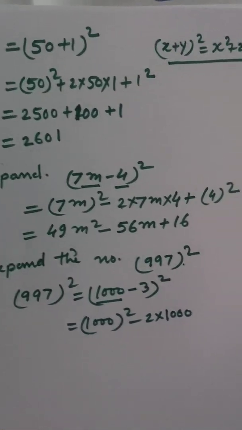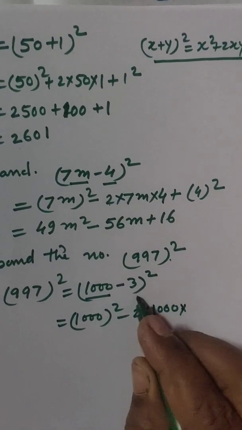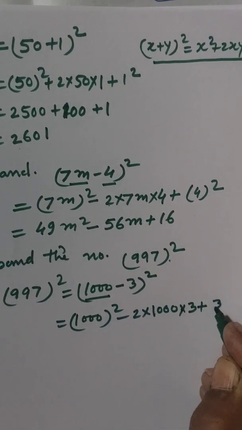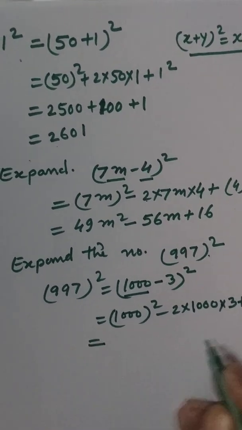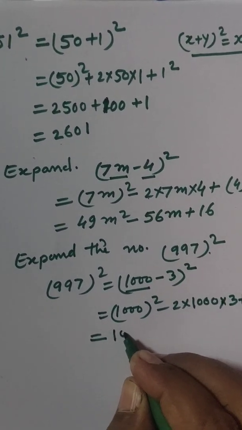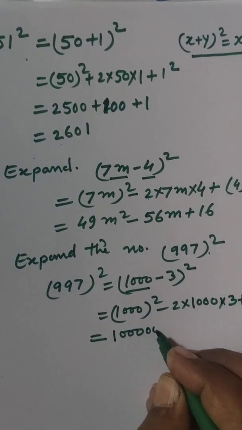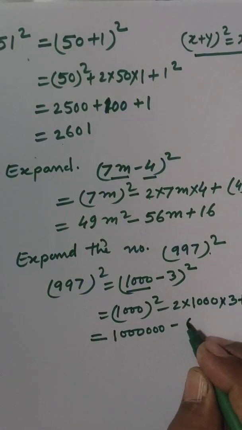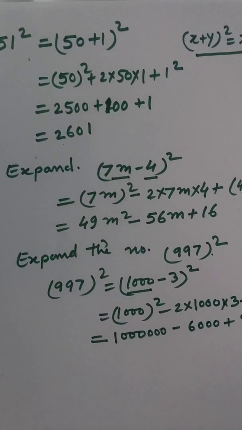here. Now into the second number, that is 3, plus the square of second number, this much. Therefore this is equal to 1000 square, firstly you write 1 and another 6 zeros, minus 2000 into 3 is equal to 6000, plus 9.